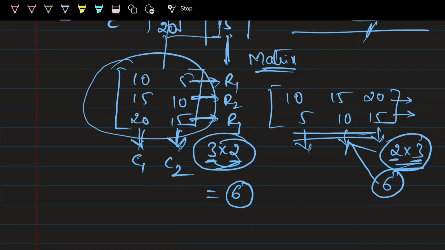So from this concept we can expect a question in the examination. That is, see, what type of question can be asked. They will give you the order of the matrix and they will ask how many elements can be written in each row of a matrix or in each column of a matrix.